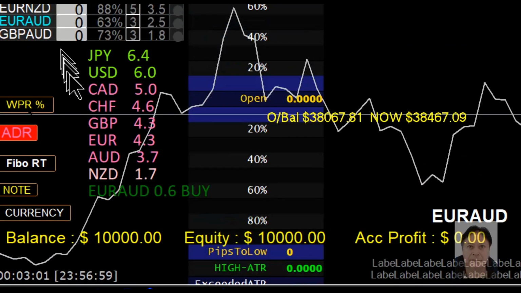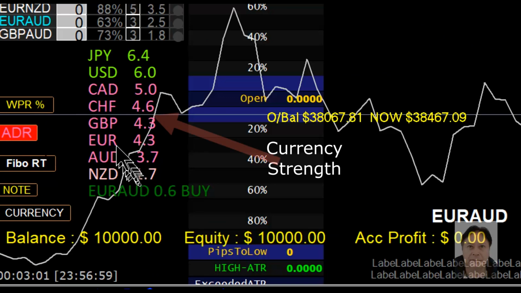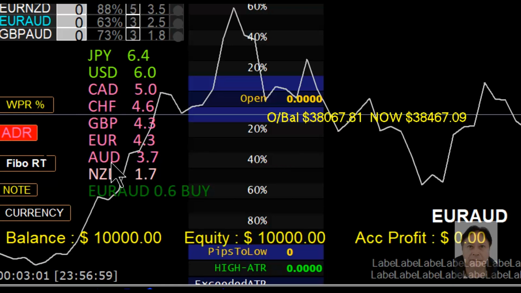And with this one here, we need to look at the euro and the Australian dollar. As you can see, the euro is above the Australian dollar, which means it's strong and going upwards. If the Australian dollar is above the euro, that means the trend is going down.